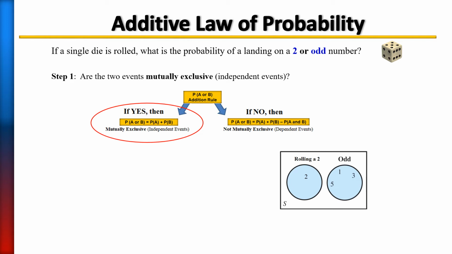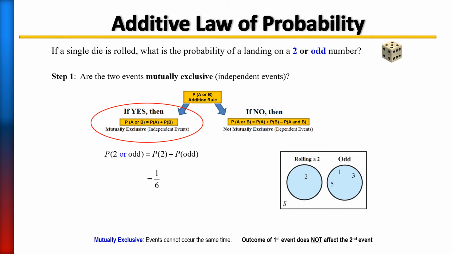So let's first find the probability of event A. Event A was rolling a 2. There's only one side of a die that is a 2 out of the 6, so that would be 1 over 6. Now let's find the probability of event B. Event B is rolling an odd number, and as we said, there are 3 sides on a die that are odd numbers. So that would be 3 out of the 6.